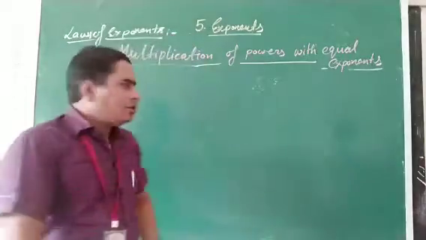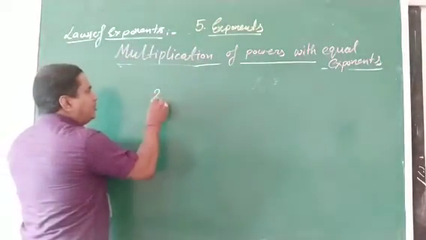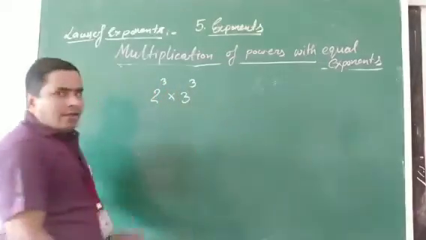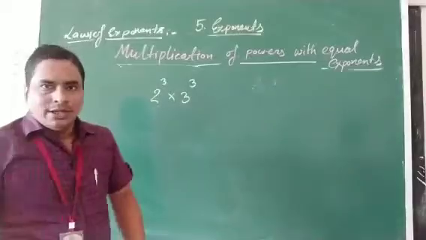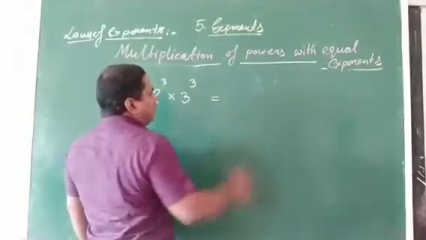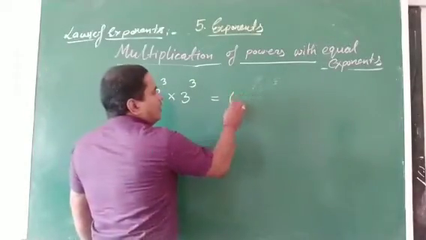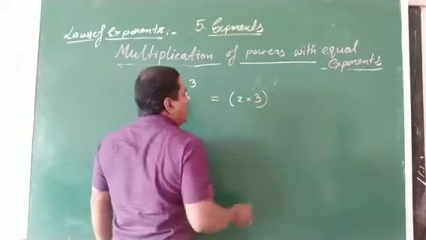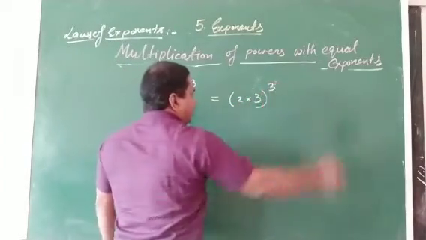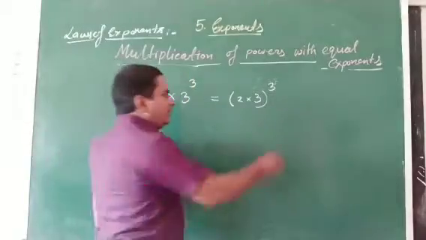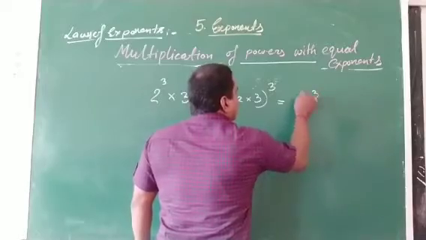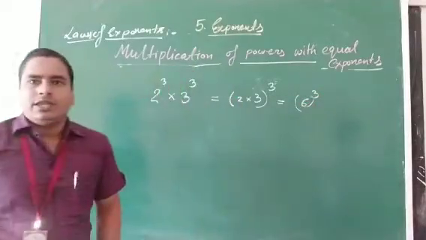See here, suppose we multiply 2 to the power 3 into 3 to the power 3. In the product, we will write 2 into 3 with the common power, whole power 3. Either we can write 2 into 3 as 6 to the power 3, or (2 × 3) to the power 3.